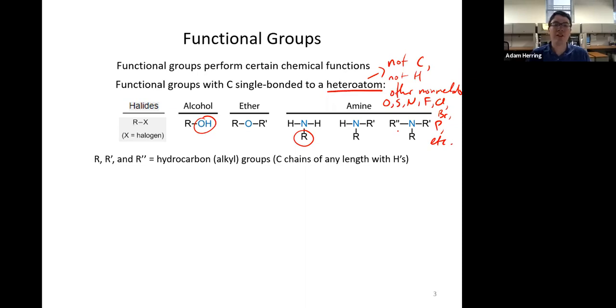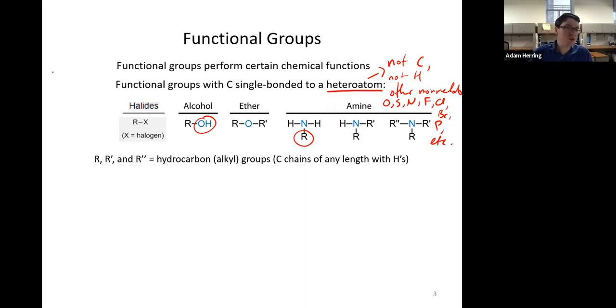And in all of these cases, we use the terminology or the symbol R. There's no element R, and so it's used in organic chemistry to designate a hydrocarbon group. This can be a carbon of any length. It could be any number of carbons and hydrogens that are attached to it.